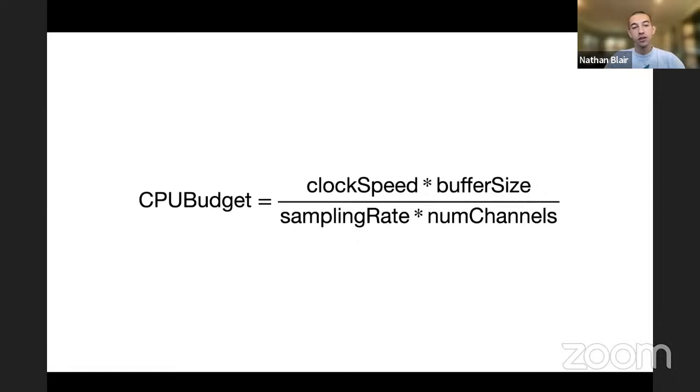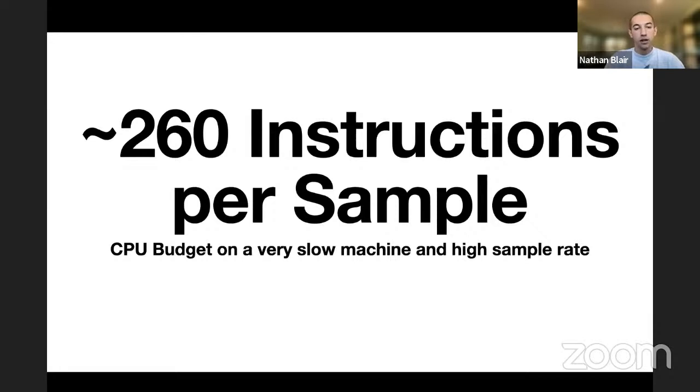And this is a little calculation for that CPU budget. You have your clock speed of your CPU times the buffer size, which is the number of samples being processed at each audio callback, divided by your sampling rate and your number of channels. So usually 2 channels, maybe around 44,000 samples per second. On a really crappy machine, maybe an old Raspberry Pi, that leaves you with not that many CPU instructions.